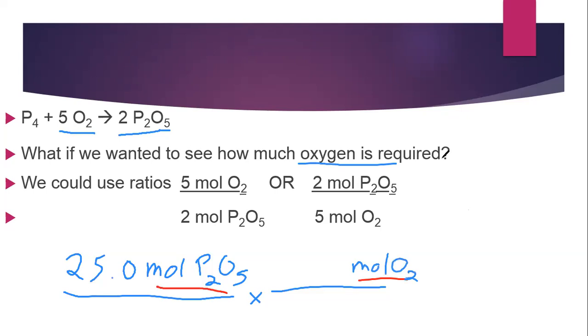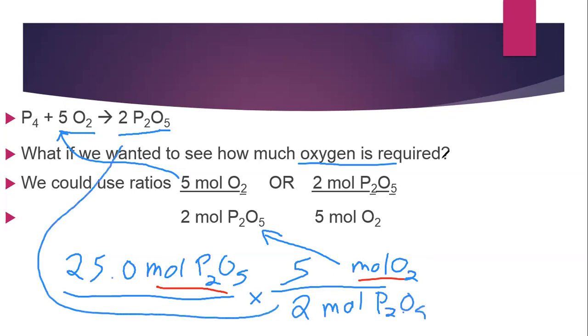Our ratio has O2 on top, so we use 5 moles, and remember this 5 came from here. And on the bottom, we have 2 moles of P2O5, and these moles came from here.